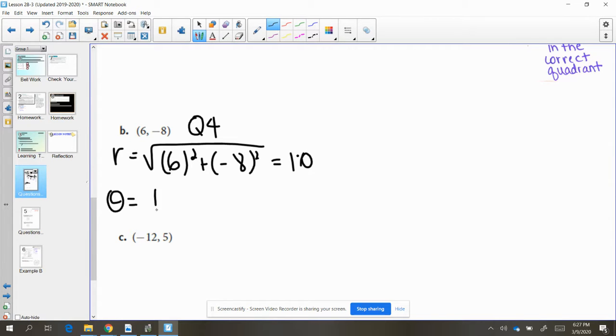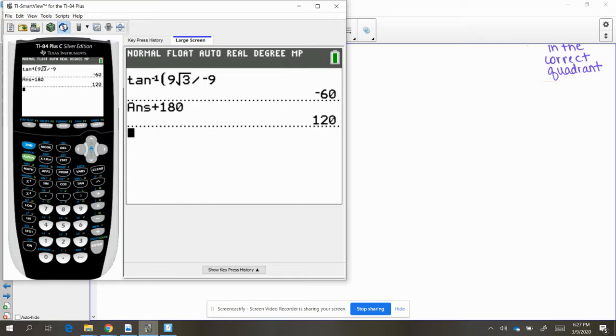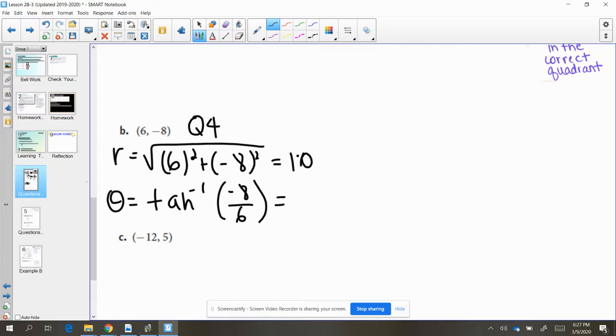And then for theta, tan inverse of y over x, if we take tan inverse of negative 8 over 6, we get negative 53.13. Now, this does in fact fall in quadrant 4. So this is an acceptable answer.